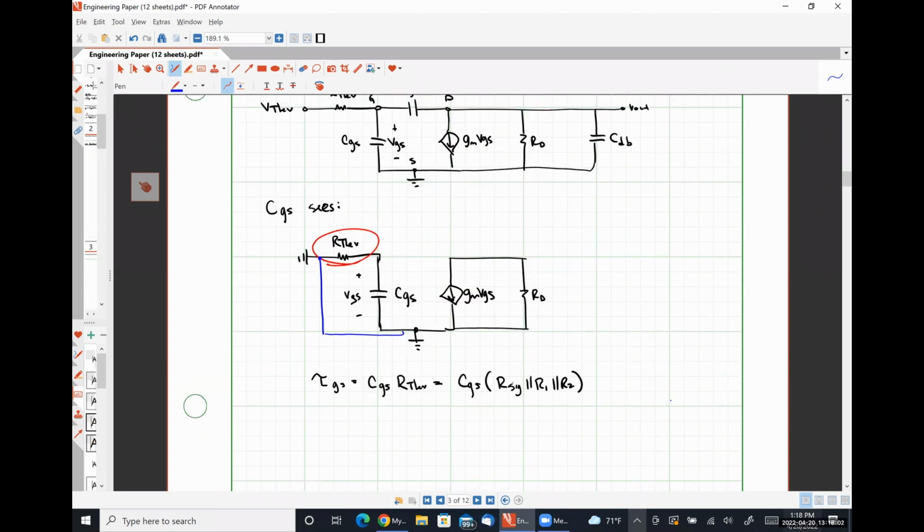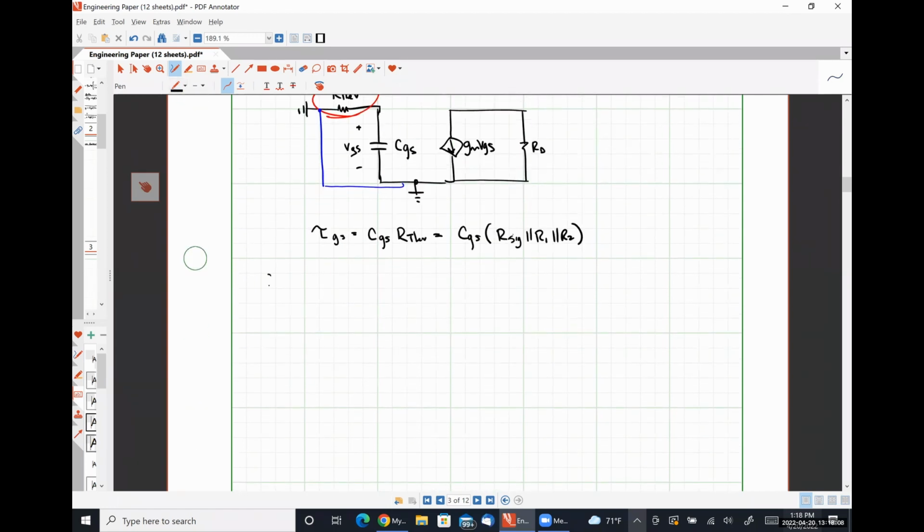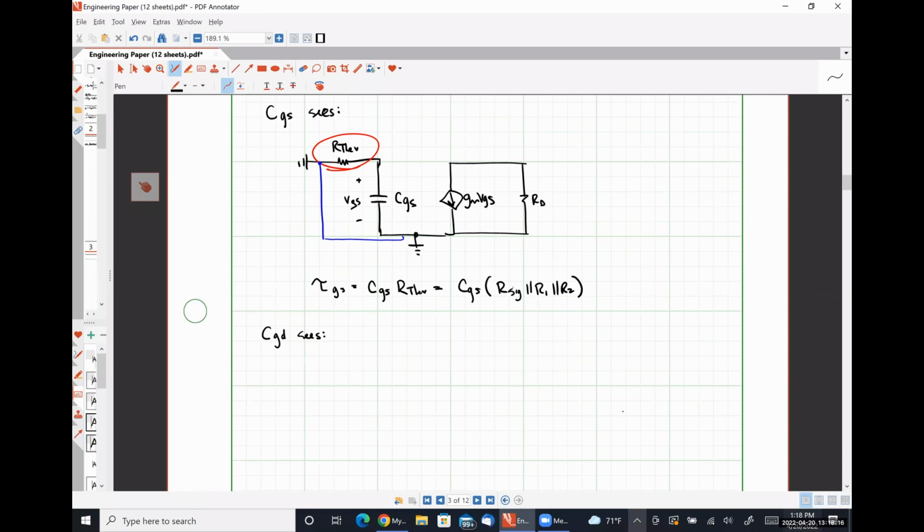So what does CGD see? So CGD is my capacitor here. CGS is open circuited, so I'm just going to see R Thev on this side.